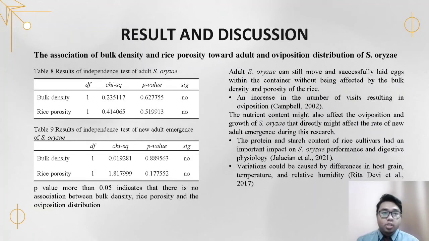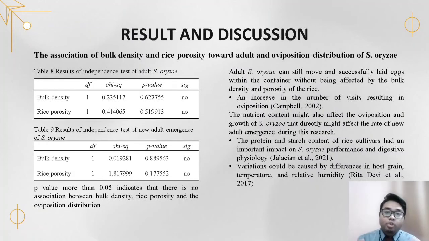Next, we go to the association of bulk density and rice porosity toward adult and oviposition distribution of SRIZ. Table 8 and Table 9 show the results of the independence test of adult SRIZ. As we can see here, a p-value more than 0.05 indicates that there is no association between the bulk density, rice porosity, and the oviposition distribution of SRIZ. And based on this table also, we can conclude that adult SRIZ can still move and successfully lay eggs within the container without being affected by the bulk density and porosity of the rice.